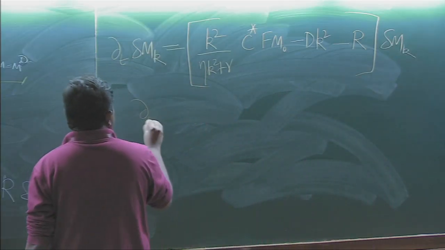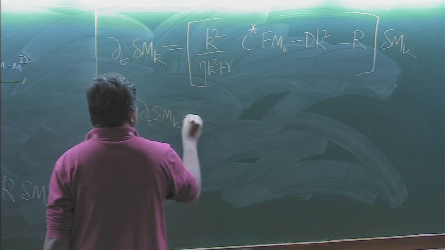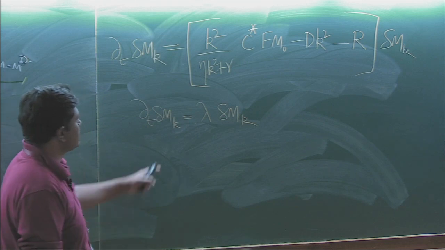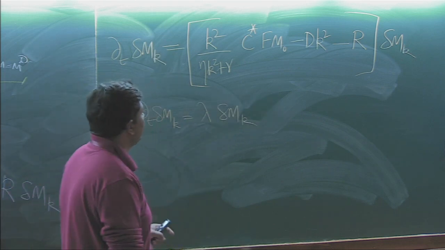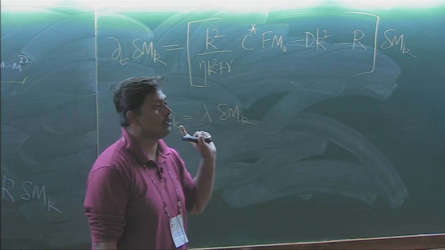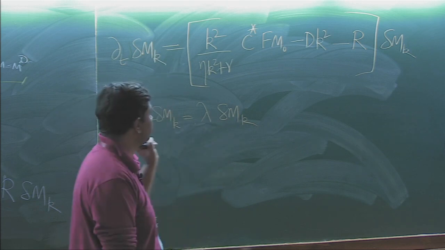If you remember from last time, this is essentially the eigenvalue that we were looking at. And so if this thing can actually go positive, the homogeneous state is unstable to small perturbation.